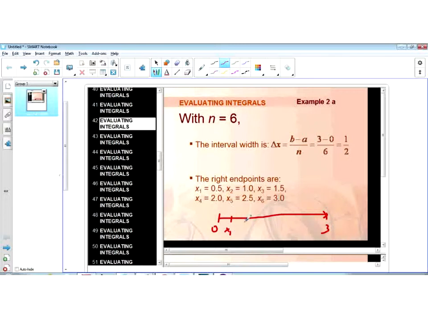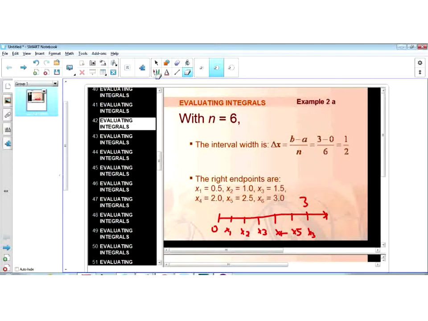This would be your x of 1, x of 2, x of 3, x of 4, x of 5, and then x of 6, which we'll take to be 3.